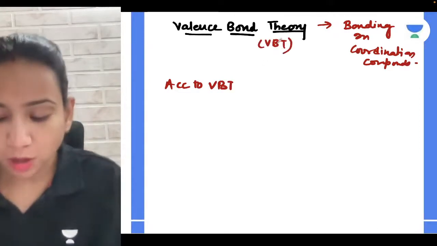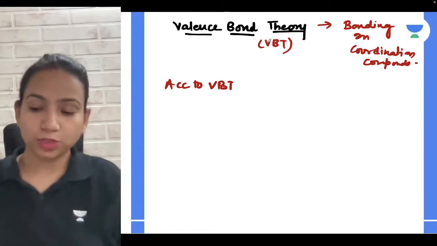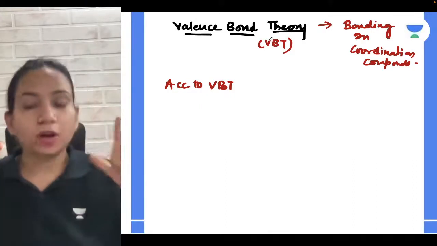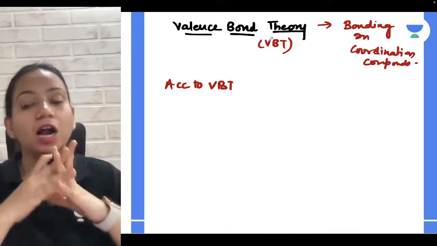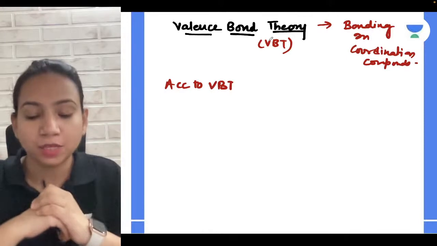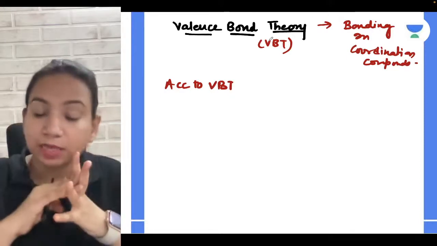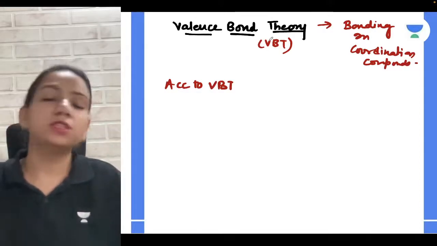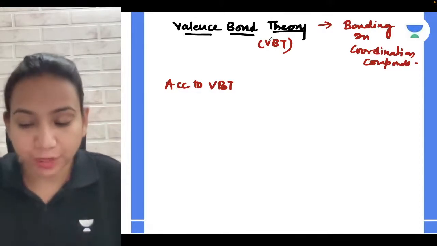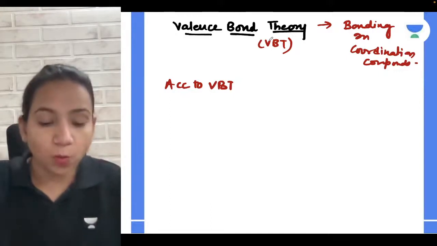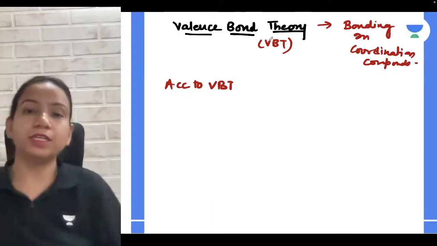So according to VBT, the metal atom or ion under the influence of ligands, or we can also consider them side atoms, can use n-1 d orbital with ns, np, nd orbitals for hybridization, to yield a set of equivalent hybrid orbitals of definite geometry.